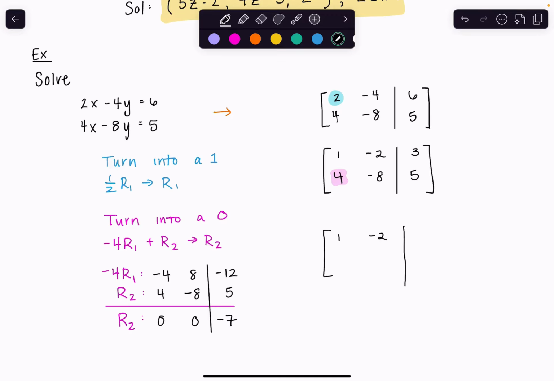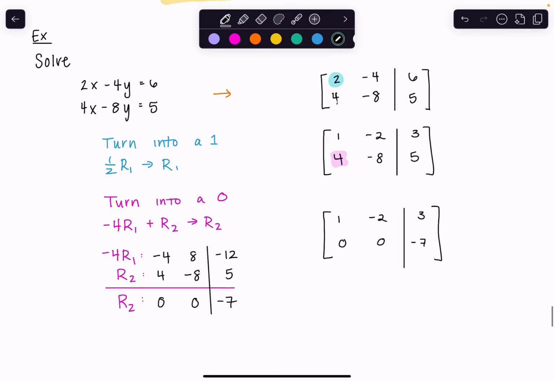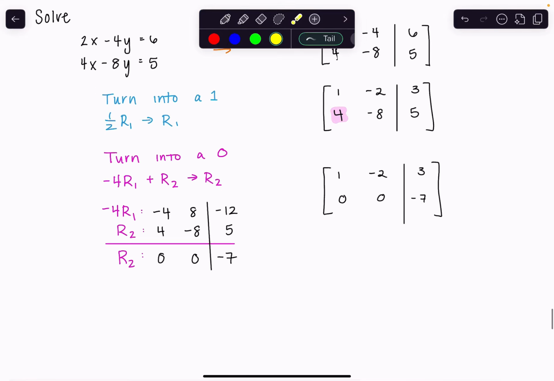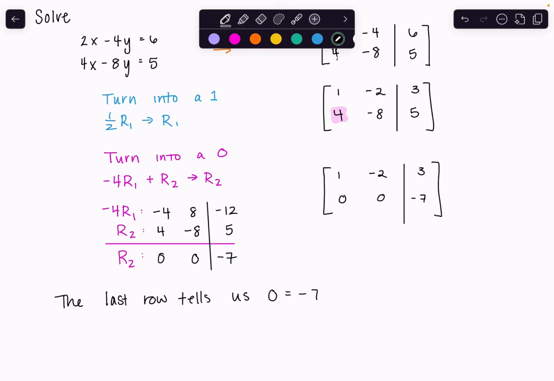So when I try to turn that into a 0, it ends up getting rid of both variables, but not the constant. So if you think about what this last row tells us, nothing is equal to -7, and that doesn't work. So the last row tells us 0 is equal to -7, so there's no solution.